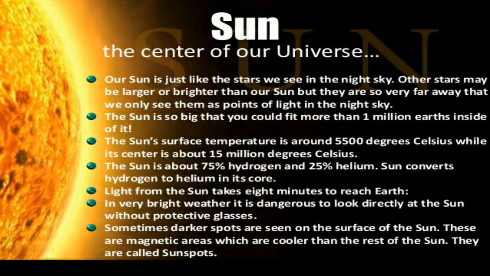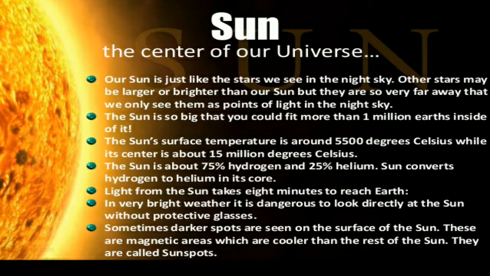The sun is so big that you could fit more than 1 million Earths inside it, and the sun's surface temperature is around 5500 degrees Celsius, while its center is about 50 million degrees Celsius.